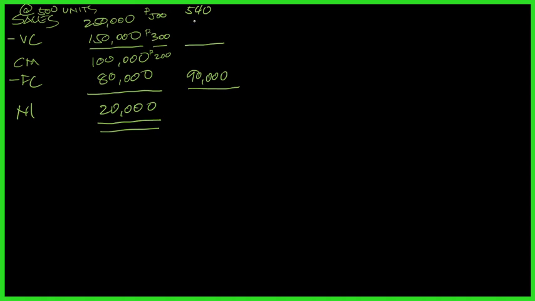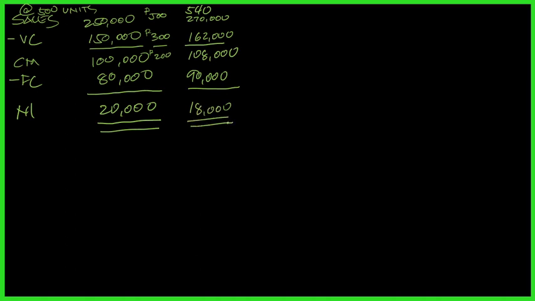The sales will be 270,000. And 300 times 540 will be 162,000. So 270 minus 162 will be 108. Minus 90, you will have 18.